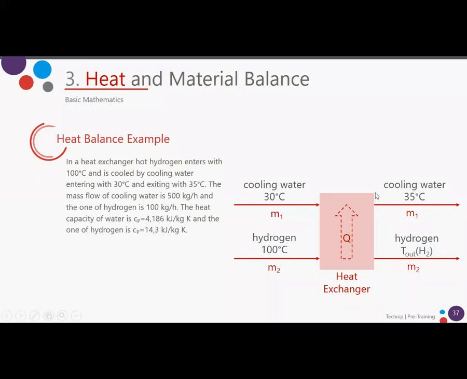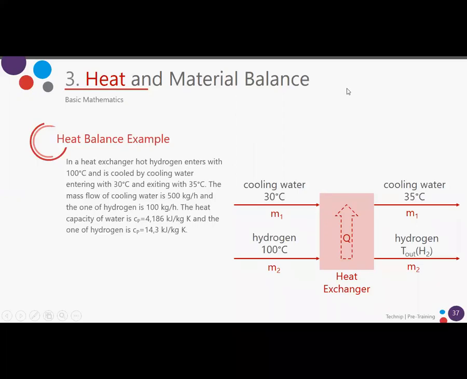And as I said, the heat capacity is a function of temperature, but it's insignificant. So normally the heat capacities don't change a lot with increasing or decreasing temperature. So we can also assume that the heat capacity is constant.